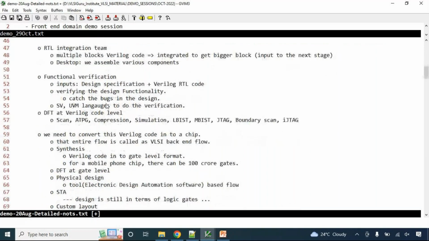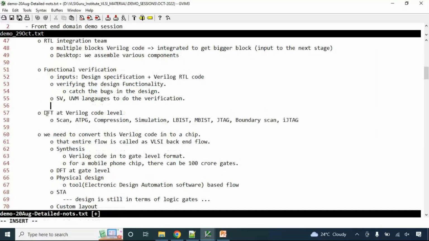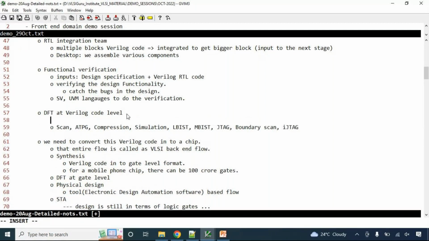we do something called design for testability. Once the functional verification is done, we do something called DFT. DFT stands for design for testability.